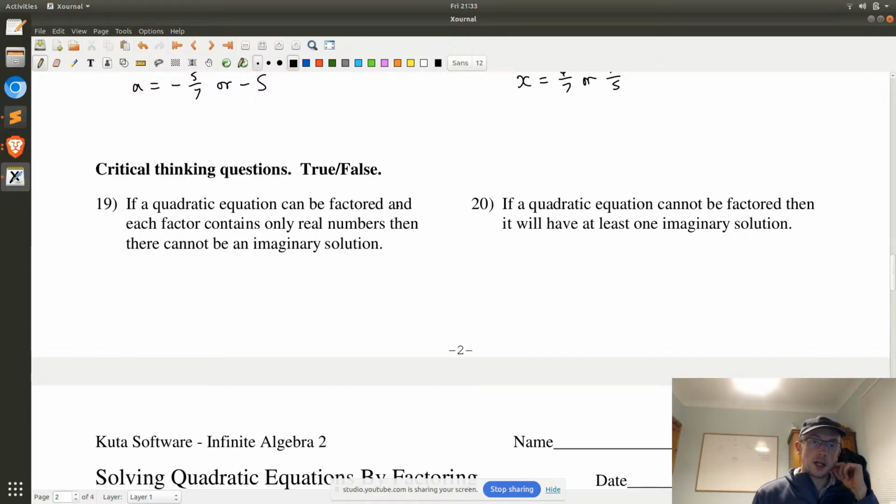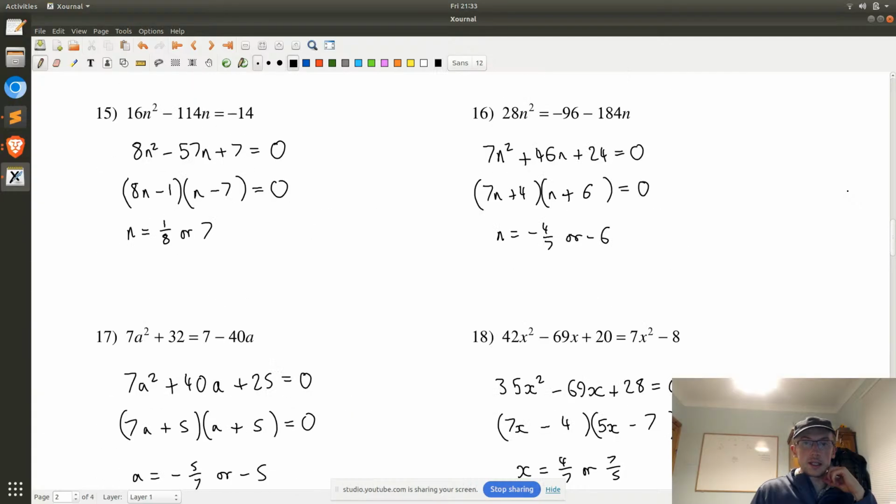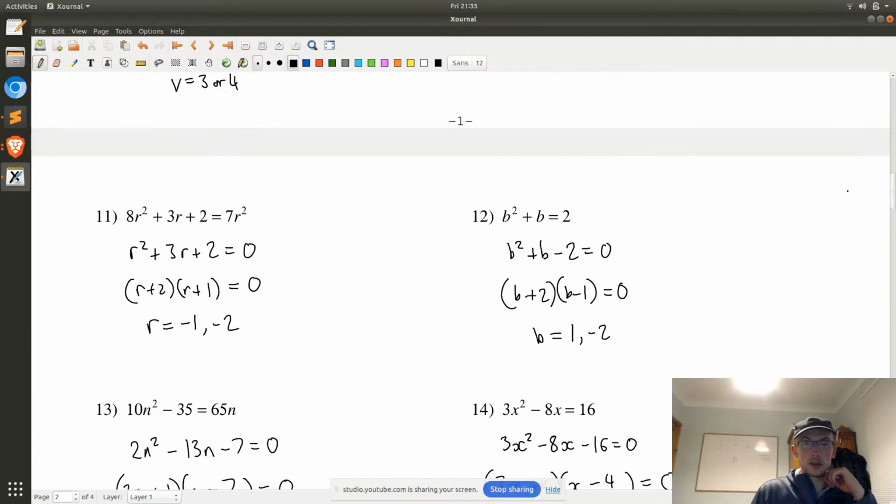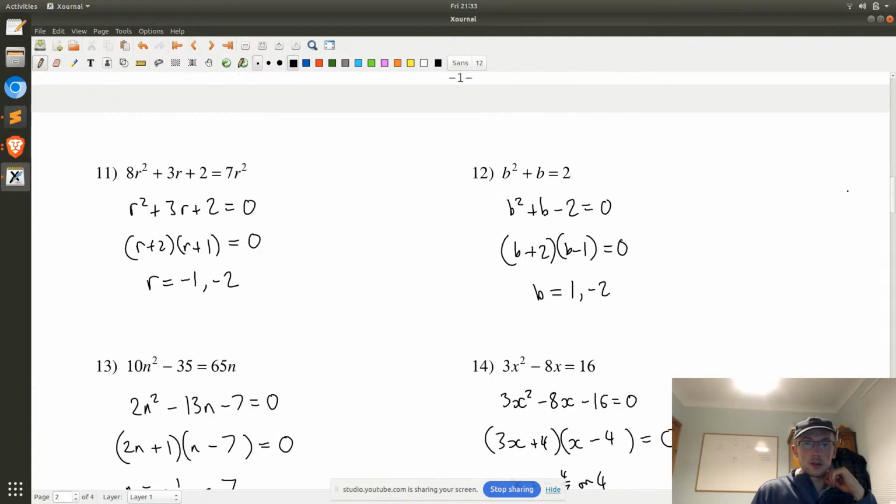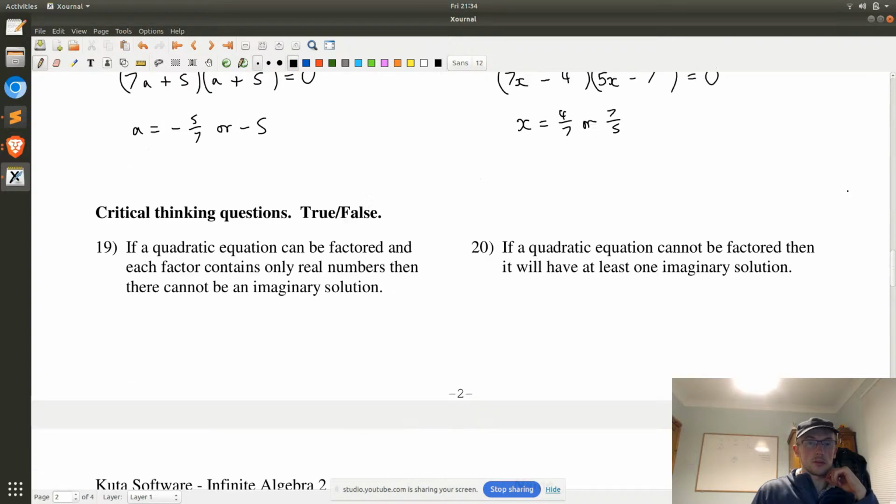If a quadratic equation can be factored and each factor contains only real numbers, then there cannot be an imaginary solution.